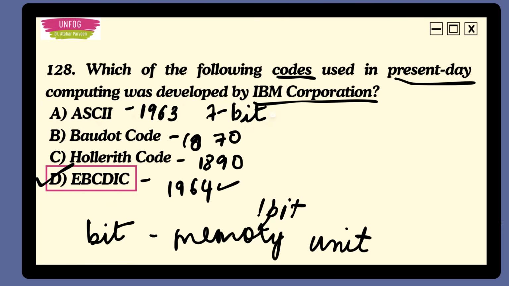So this ASCII stores 7-bit of data. Baudot code stores 5-bit of data. Hollerith code, it has a completely different code system. It has a different way of representing code. So you cannot measure that in number. It is a different process. Then EBCDIC stores 8-bit of data. So which one stores most bit of data? EBCDIC.